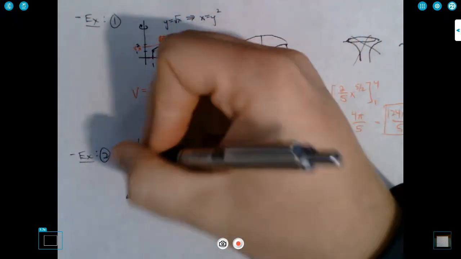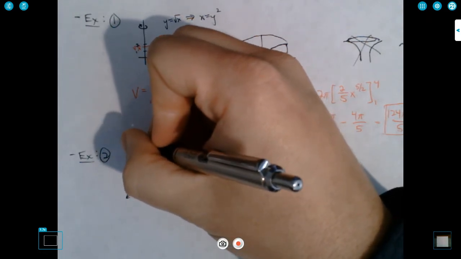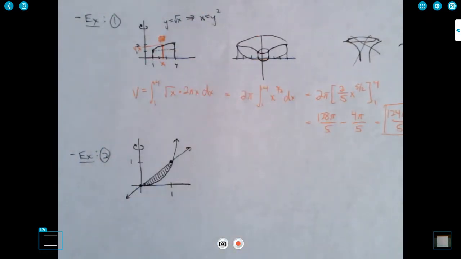And it's being revolved around the y-axis. So we're going to rotate it that way. I feel like we've done this volume before. Maybe we did it using discs and washers. But we're going to do it using cylindrical shells this time. Yeah, you could do this both ways, right?